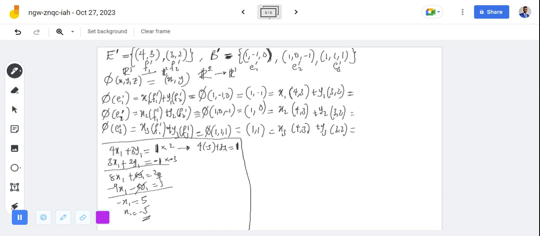Or should I use it from here? 8 times minus 5 is minus 40. Goes to the other side. So I believe you can actually pick it from here. This is faster. It's still okay.